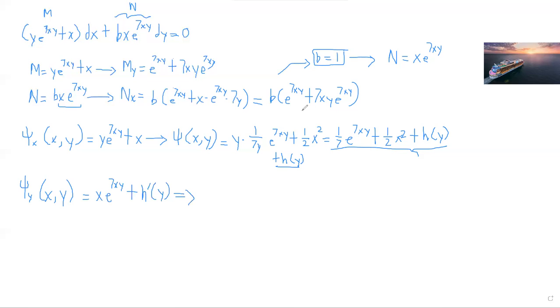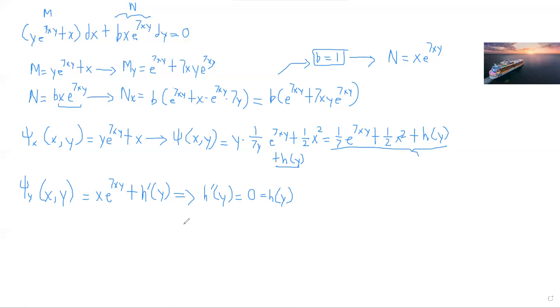Sorry, I was looking at here and thought this was N, but no, my N was here. So N is equal to x e to the 7xy. So it's pretty obvious that h prime of y is equal to 0. And this also equals h of y. You could say h of y equals c, but since your final solution already equals c, you can just say h of y is 0.